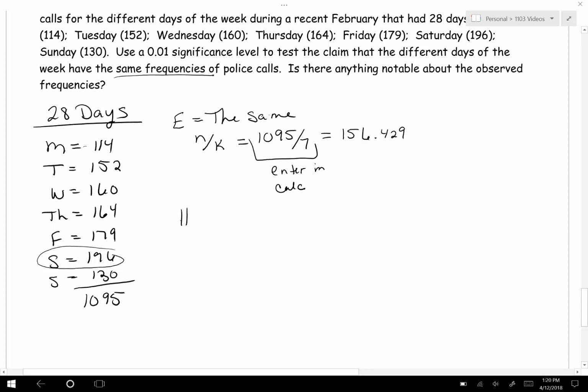So our null hypothesis is that the data fits the distribution.